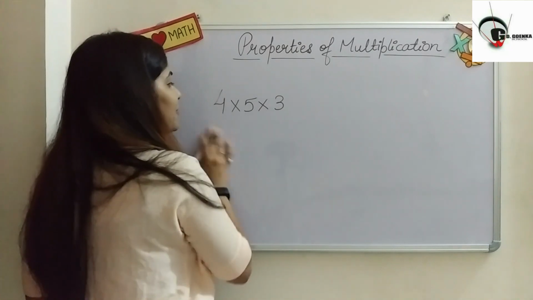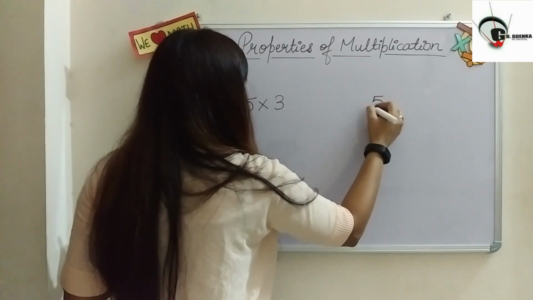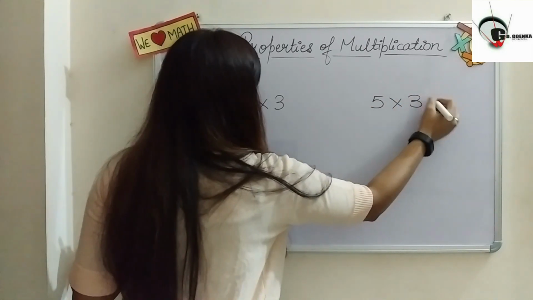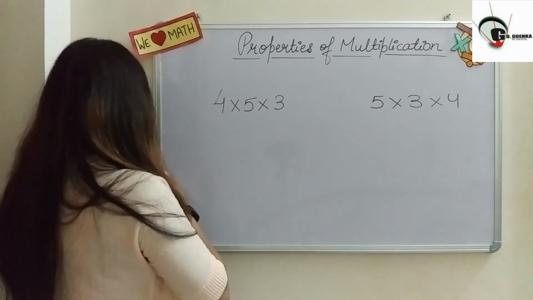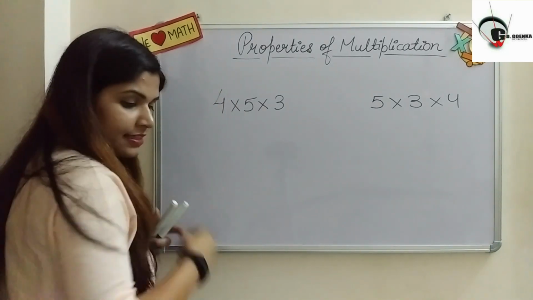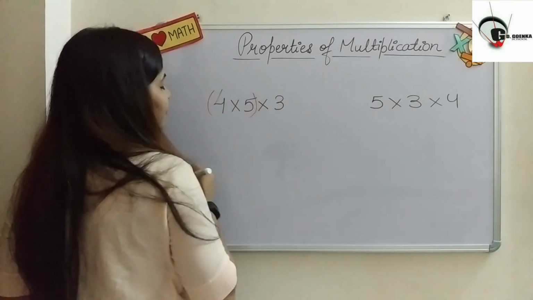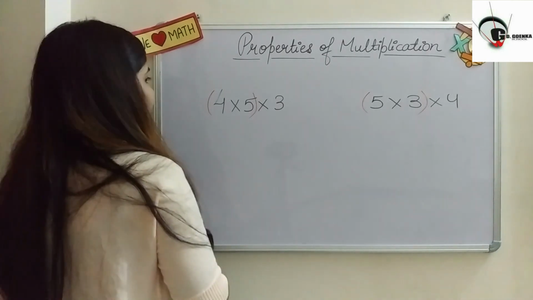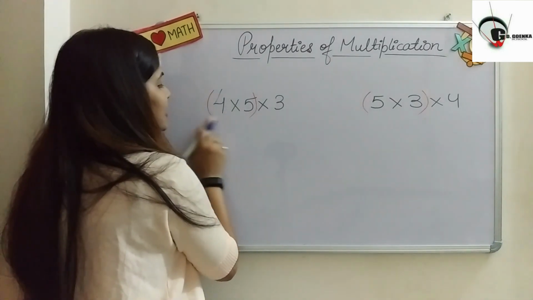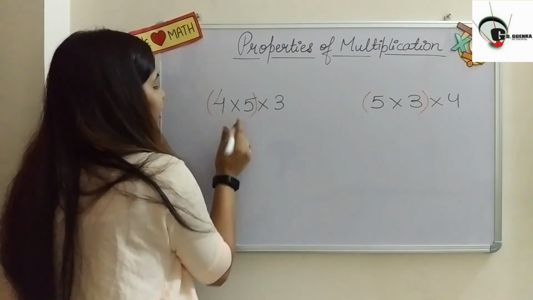Similarly, I'll take the same numbers but in a different order, that is 5 multiplied by 3 into 4, and I will make the groups: 4 and 5 are in one group, and 5 and 3 are in one group. What does this grouping mean? That means we are going to solve these two numbers first.